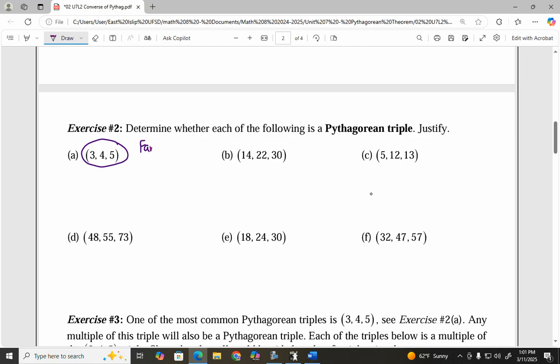This is famous. It's so famous that construction workers actually use it when they're trying to build buildings, or build anything where we need right angles. They're creating triangles along whatever they're building and making one side 3 feet long, let's say, another side 4 feet long, and then making sure that the hypotenuse of 5 feet long fits in there.